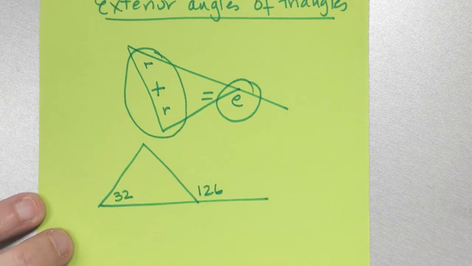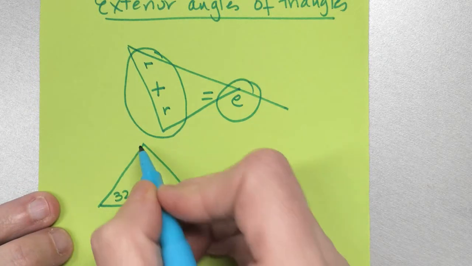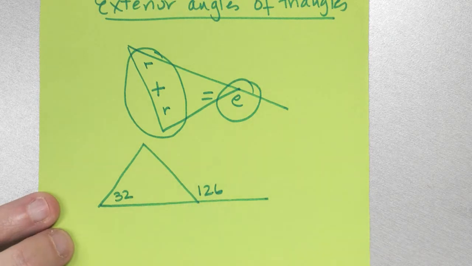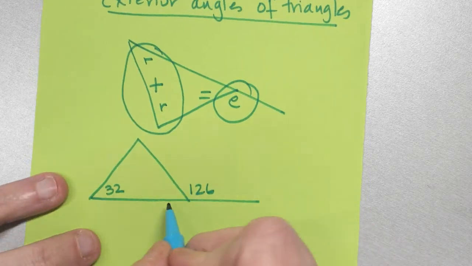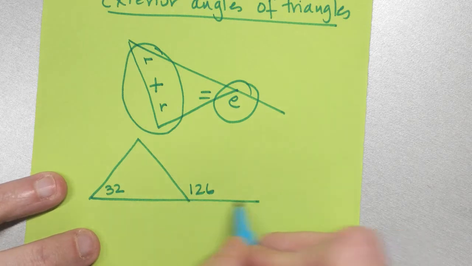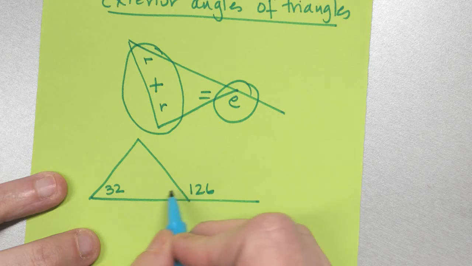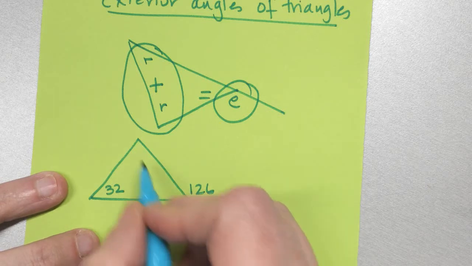And I want to know what this guy is. Actually, I could find all the angles in this triangle with this information. This is all the information I need to find every angle in this triangle, and that's not this video. But I also know that because they're on a straight line, these 2 angles add up to 180. So I could figure out what this one is and add them up.